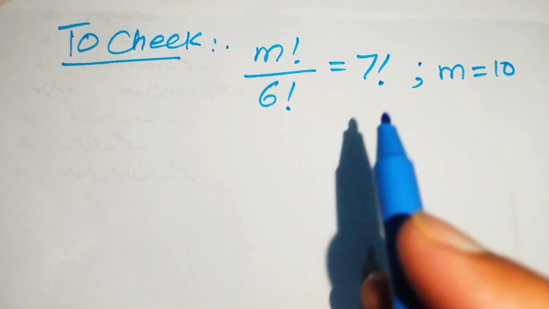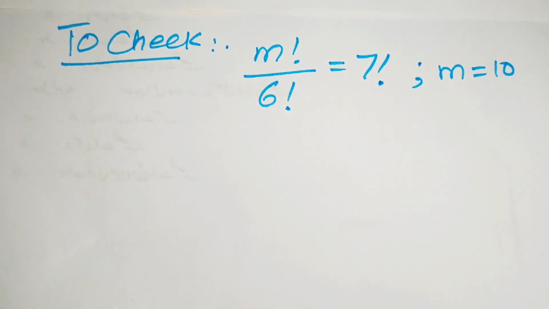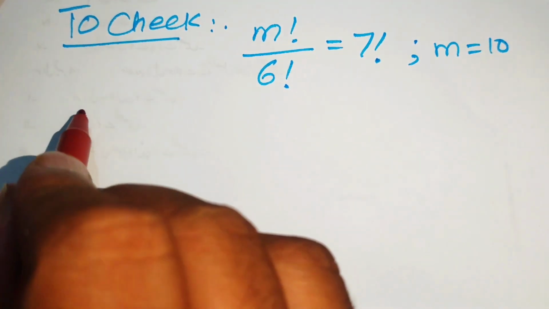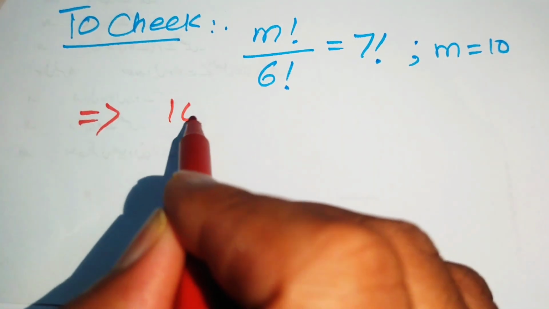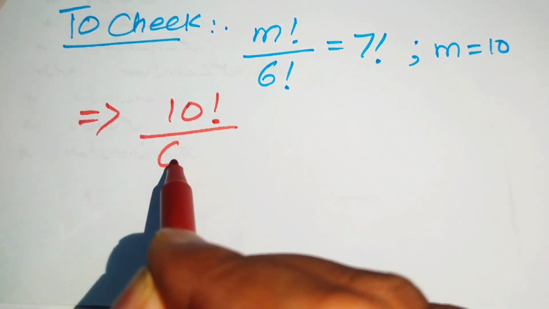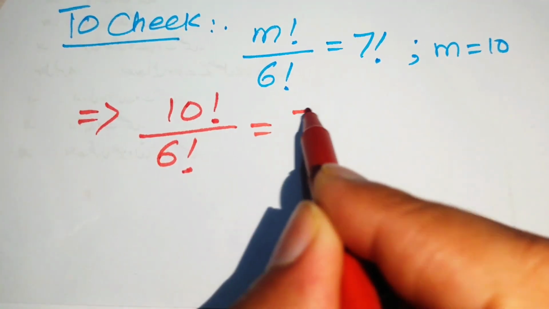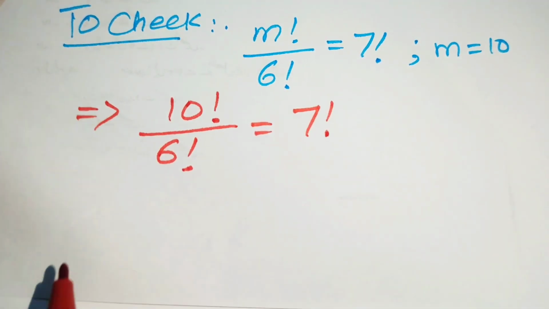So here we just put the value of m equals 10 in the left hand side, and it will be written in this form. So this implies 10 factorial divided by 6 factorial equals 7 factorial.